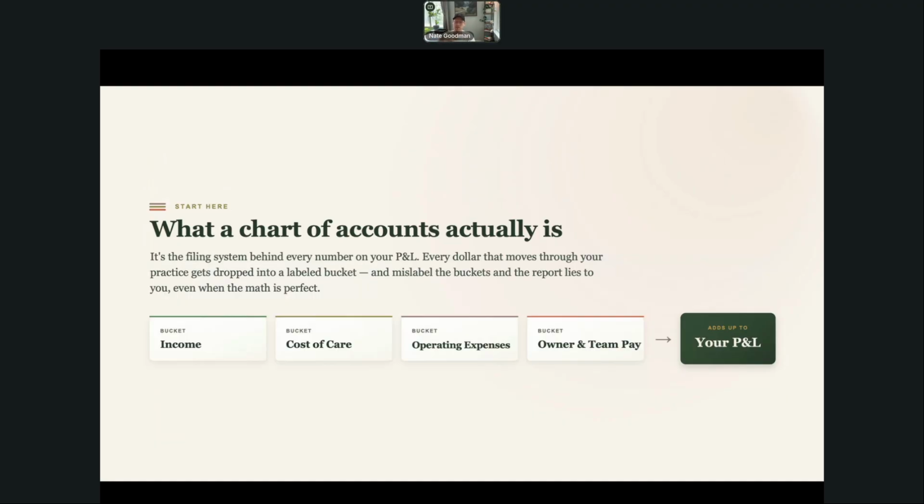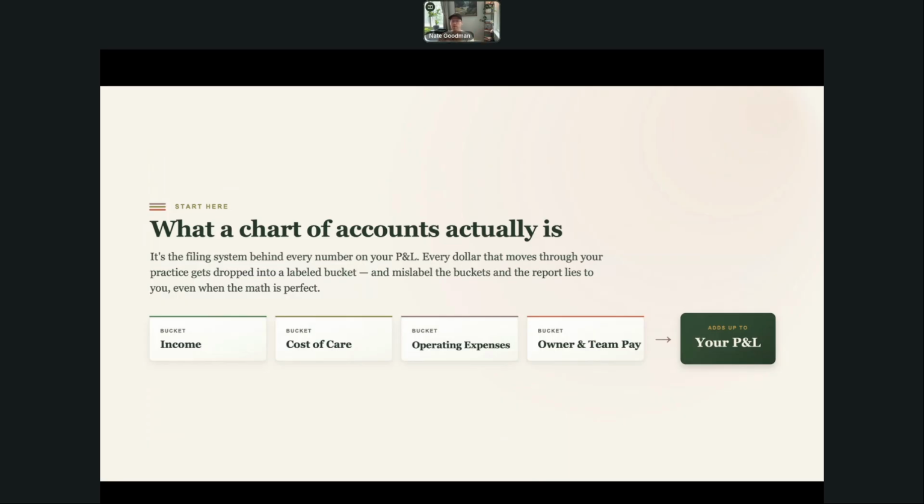You'll typically have cost of care, cost of goods sold, cost of supplies. Some people call this cost of sales. This is directly related to the cost of the care you provide. So it's your lab expenses, your medical supplies, your DME, all of that would go into your cost of care bucket. And so you might break out a couple accounts.